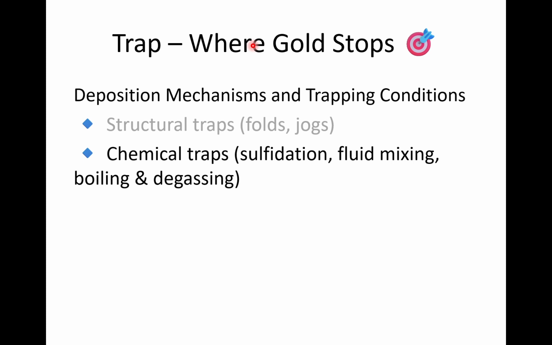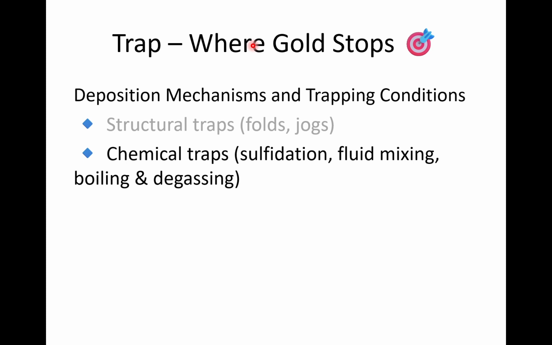An introduction of sulfur-rich fluids caused abundant arsenopyrite, pyrrhotite, and molybdenite to form, with gold included in the assemblage. The later metamorphic melting of this assemblage then reconcentrated gold into new sites. But the initial trap was likely chemical sulfidation of iron-bearing rocks.